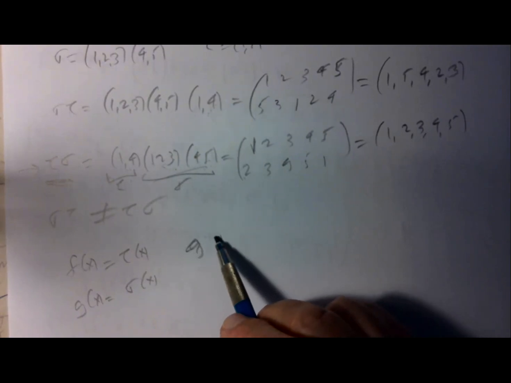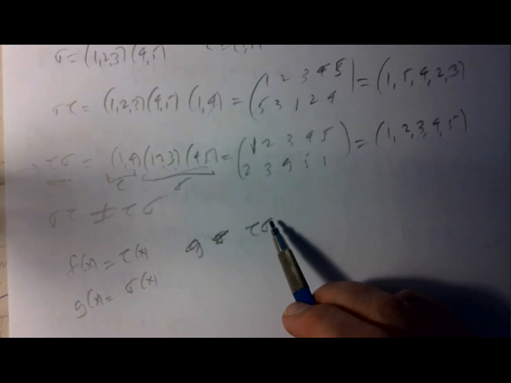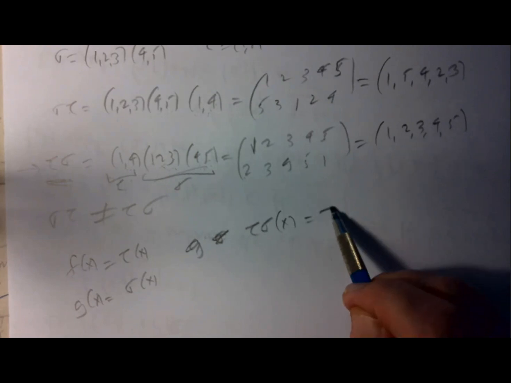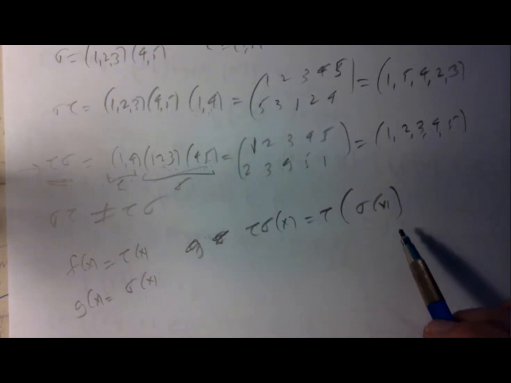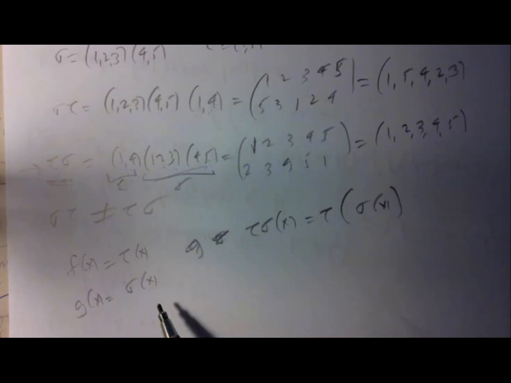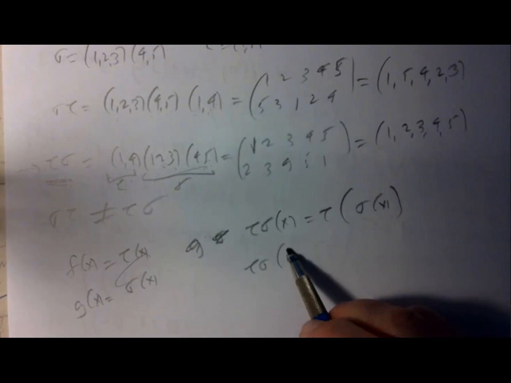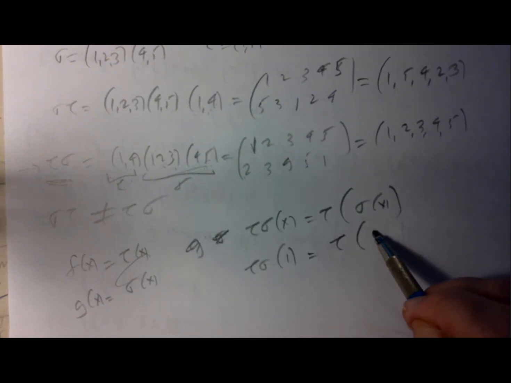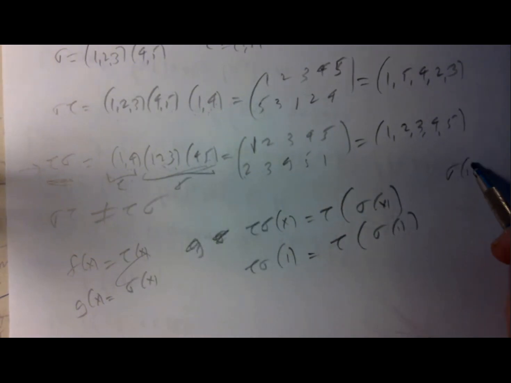So tau sigma of x is tau of sigma of x for any x. So for example, tau sigma of 1 is tau of sigma of 1. This is sigma. What is sigma of 1?